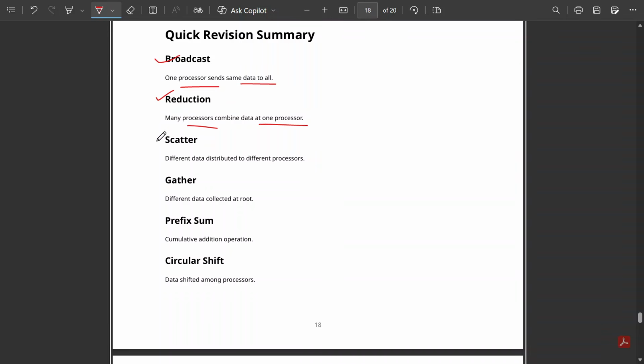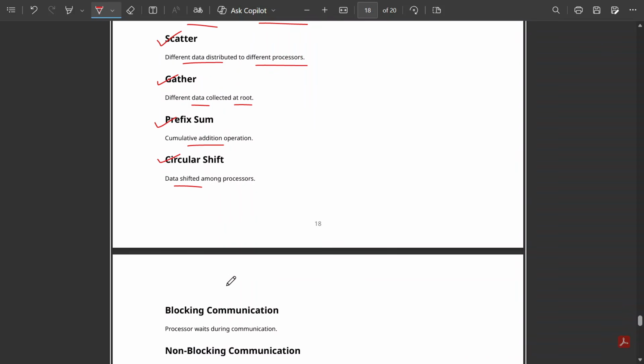Scatter, where different data is distributed to different processors. Then gather, where different data is collected at one processor. Then we have prefix sum, a cumulative addition operation, and then shift, where data is shifted among the processors.